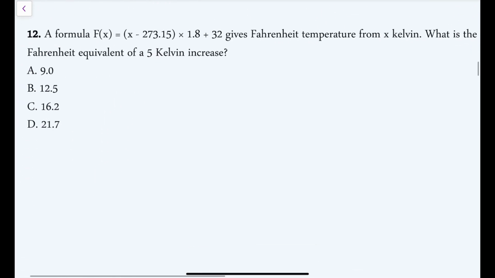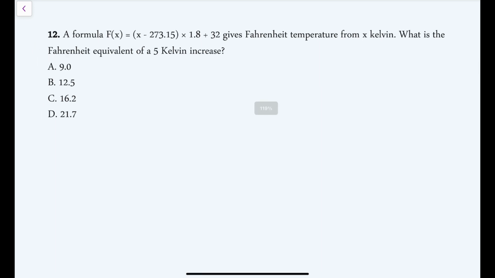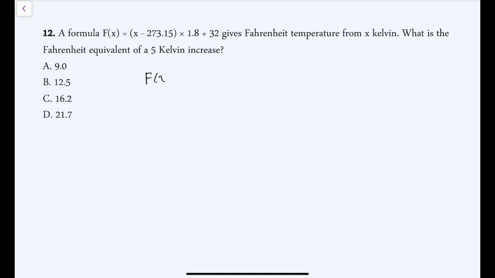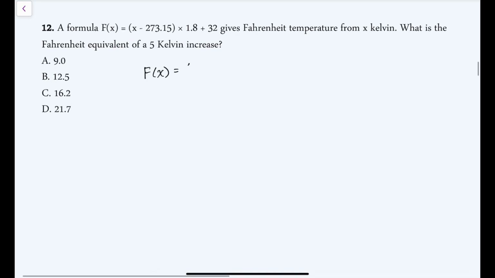Okay. Question 12. It's very similar to question 11, so take a second, see if you can figure it out yourself as well. Okay. Using the approach of finding the difference between the two equations, F of x, where x is Kelvin, is x minus 273.15 times 1.8 plus 32.